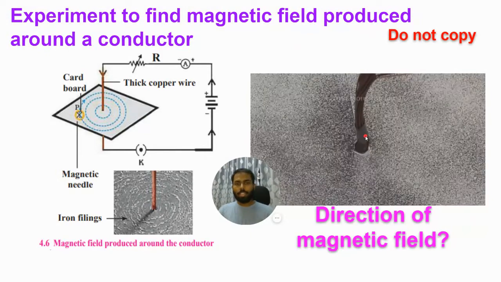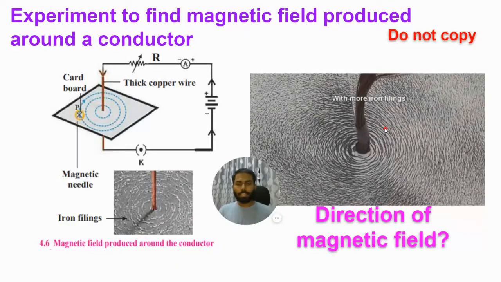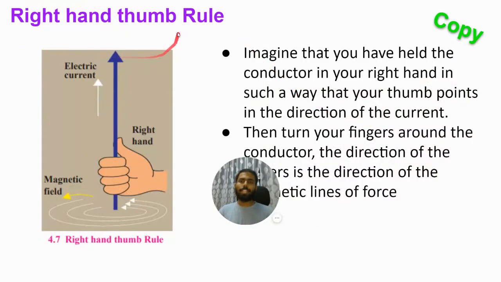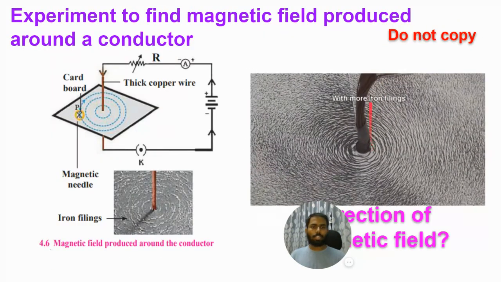So to tell what the direction of the magnetic field lines is, we have the right hand thumb rule. Okay, so what to do? I'll read the first line out. Imagine that you have held the conductor in your right hand in such a way that your thumb points in the direction of current. Imagine that the conductor is in your hand.